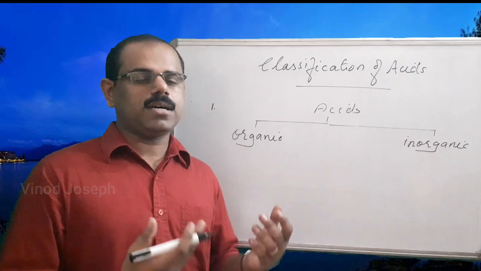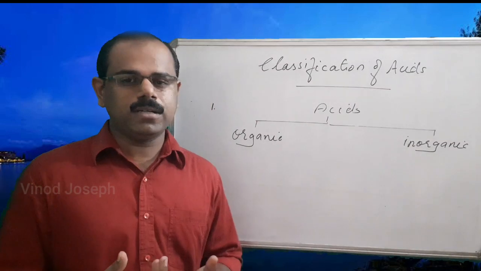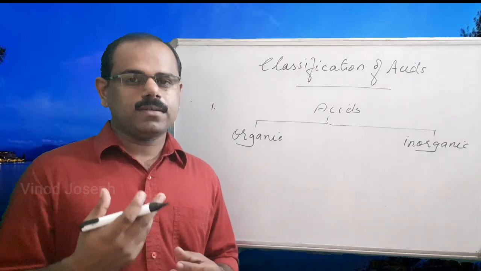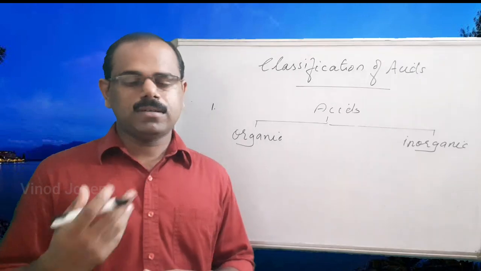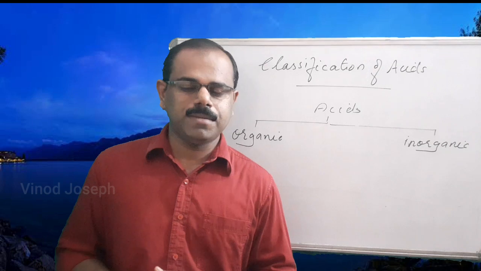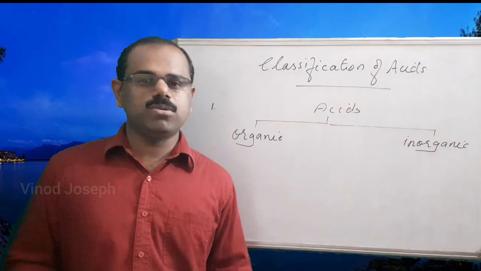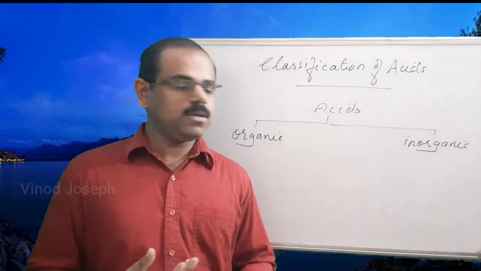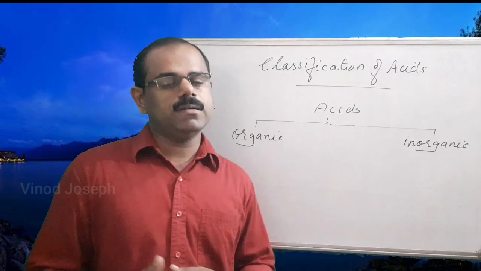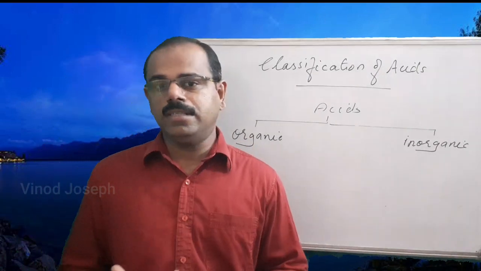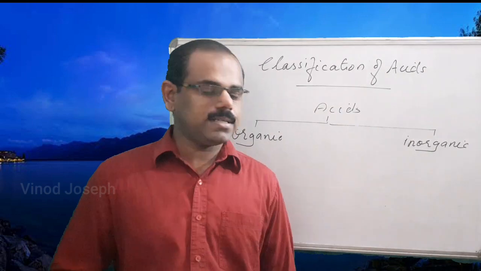As an example, oxalic acid is present in tomato. Or we take tamarind, tartaric acid is present in tamarind. Or citrus fruits, citric acid is present there. So organic acid means it can be found in or derived from plants or animals.